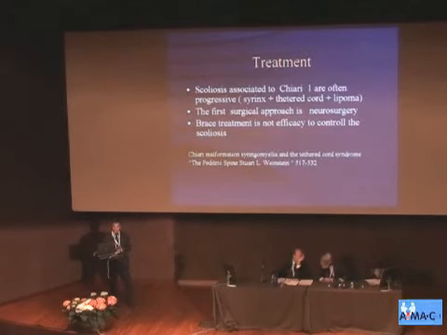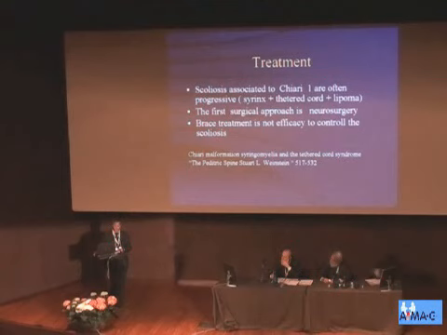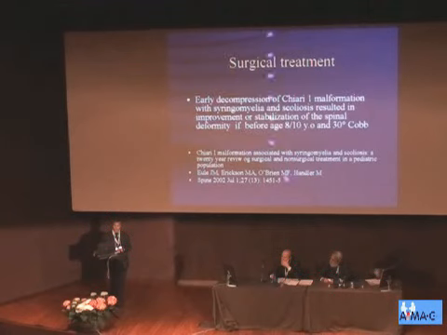Treatment of Chiari-1 when associated with syrinx, tethered cord, or lipoma, the first approach is neurosurgical. Not the orthopedic approach for obvious reasons, and a brace, however, doesn't really do anything if it is progressive. It might slow it down, but it doesn't definitively treat it. In the literature, I found, this is not my work, I found several works.